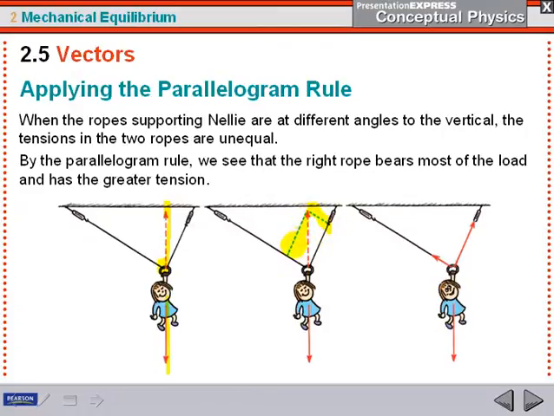They're parallel to the rope, but they're perpendicular to the other rope, and that's where the end of our two components will be. And you can see that as the rope gets at a wider angle, the tension in that rope is going to be smaller than the tension in the rope that is more in an up and down orientation. So this rope here is going to bear more of the load.